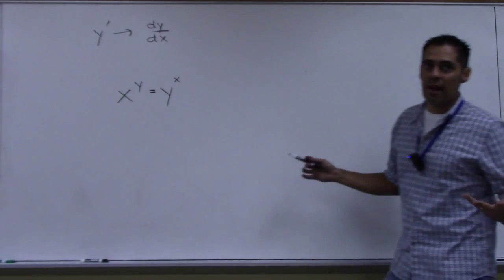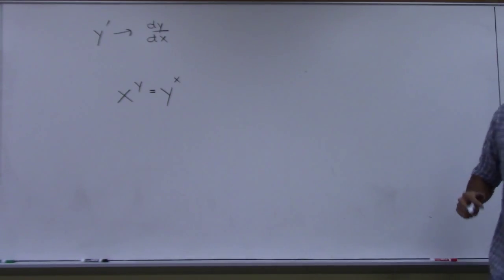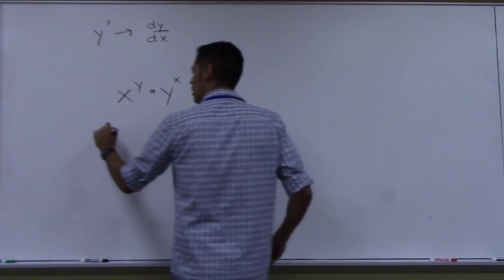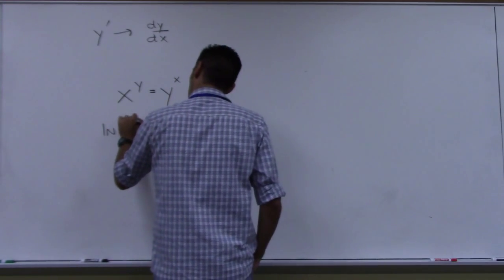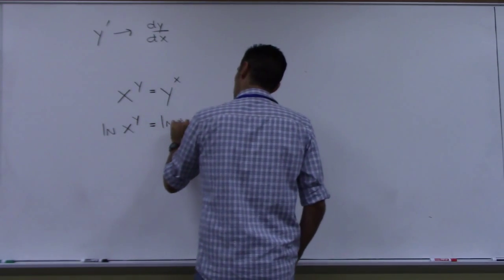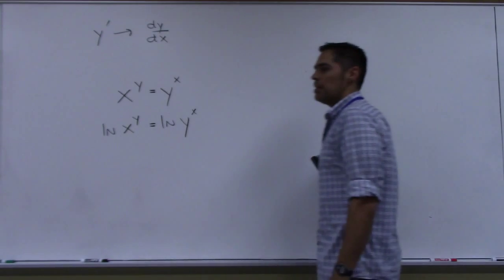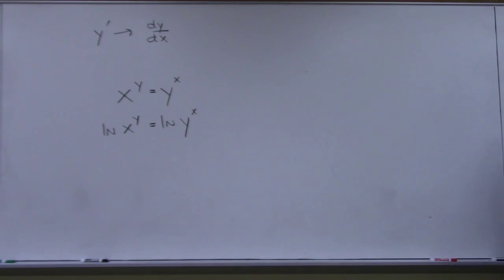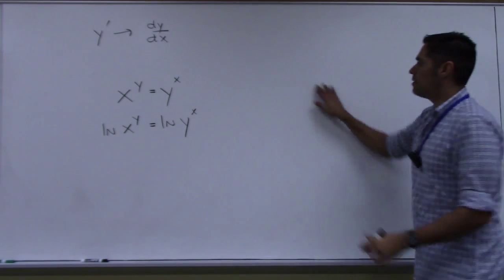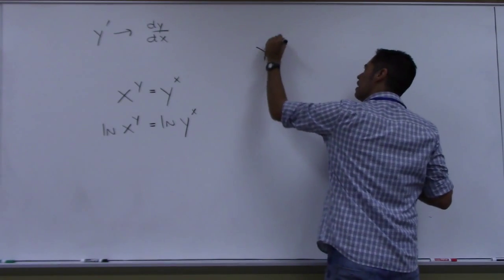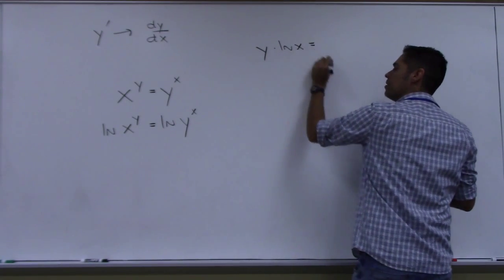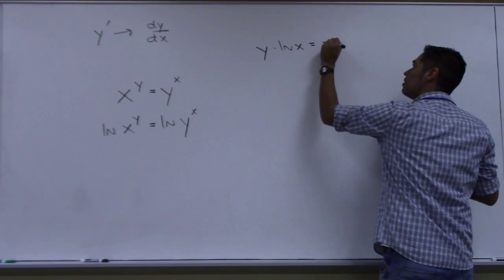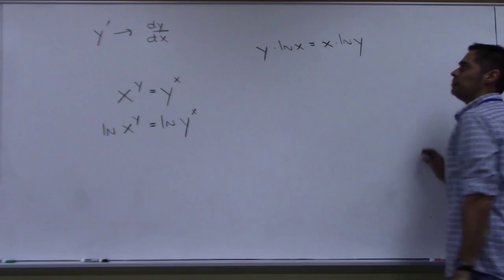So since you can't do that, natural log on both sides. Let's take the natural log on the left side, and the natural log on the right side. And that allows me to now drop both powers out. So the left side becomes y times natural log x equals x times natural log y.